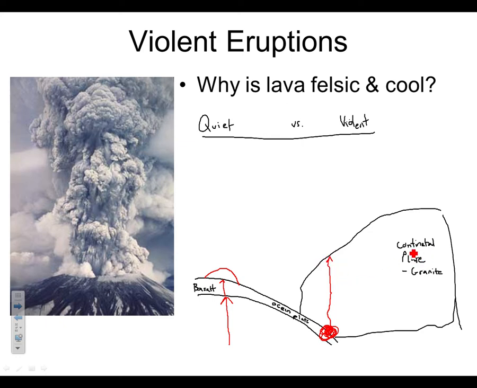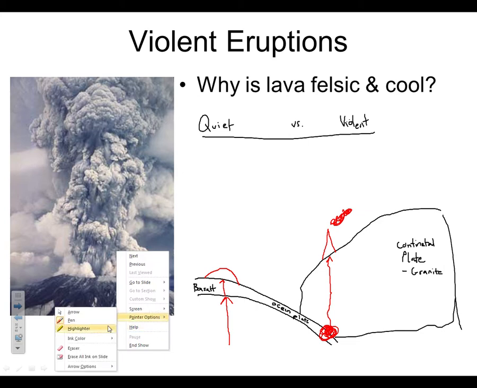As it works its way up, it melts in some of this granite, and now it's going to make a steep side volcano. So there's my steep side volcano with some of this lava fragments coming out like that. So we have two different volcano types. We have our gently sloping volcanoes on our ocean plates, and our very steep-sided volcanoes on our continental plates. So let's go through and write down this difference that we're seeing.